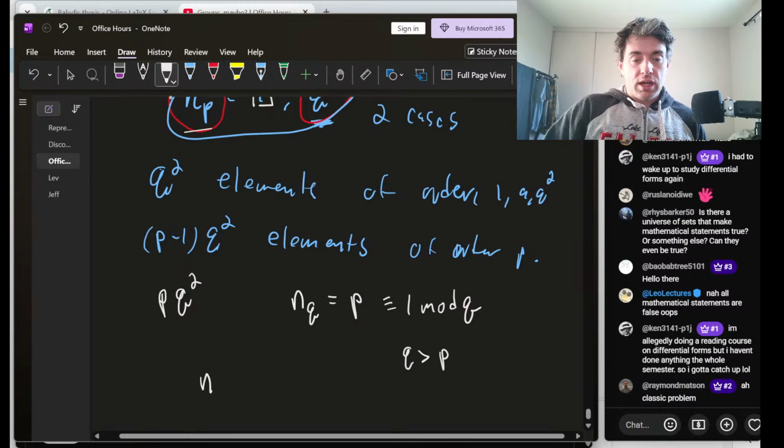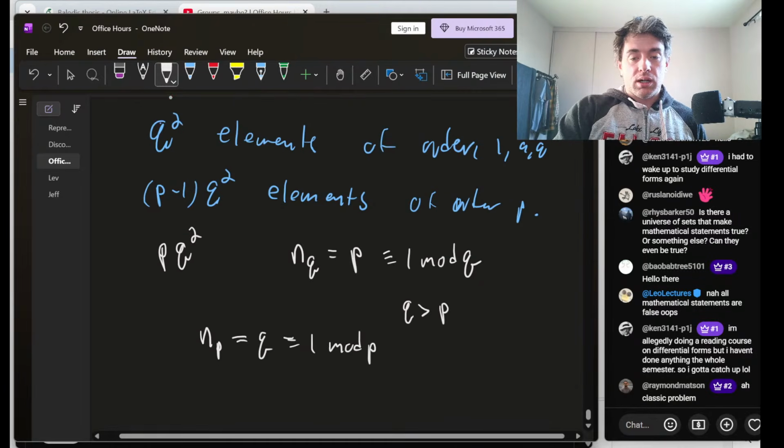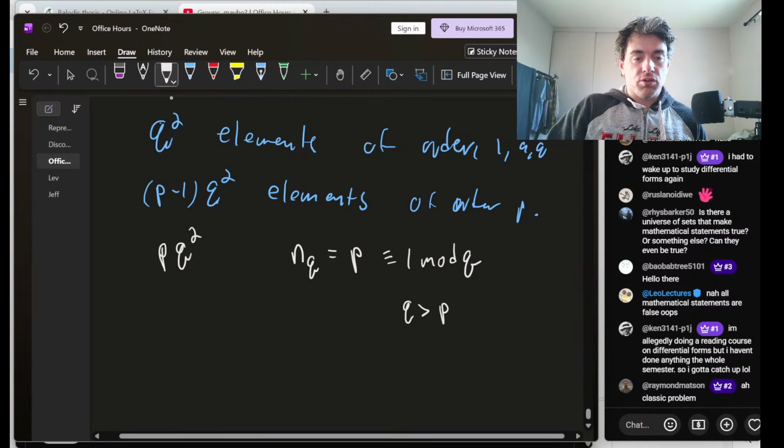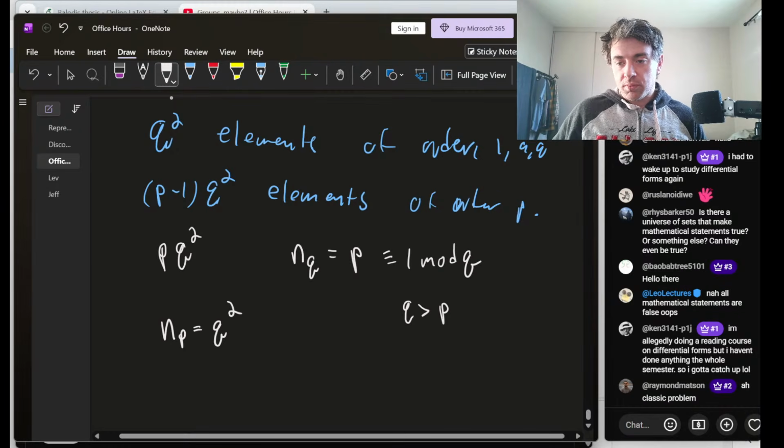And so if np were q, that would have to be congruent to 1 mod p, but then that would force p to be bigger than q, which is impossible. So the final case that we need to consider is when we have q squared p Sylow subgroups.